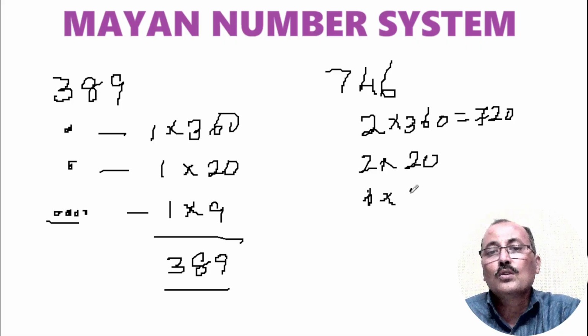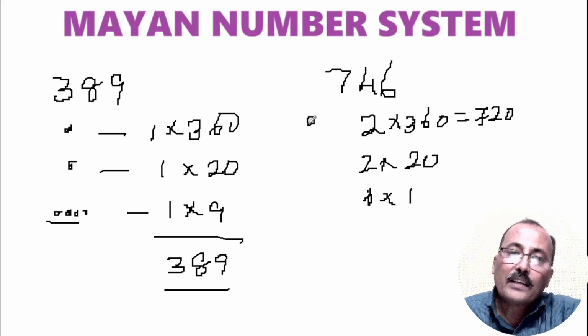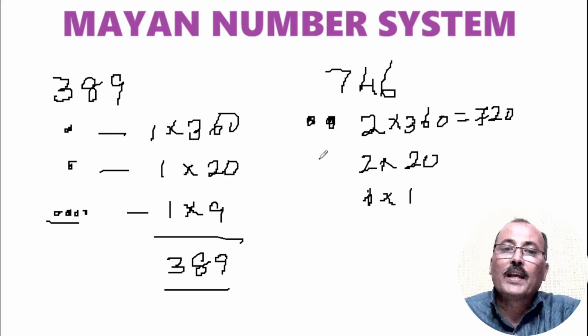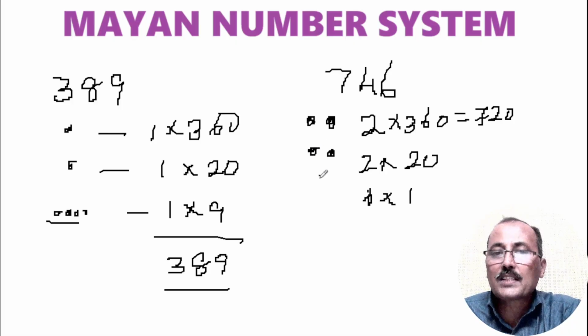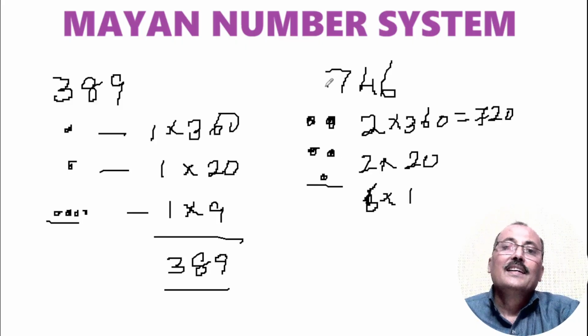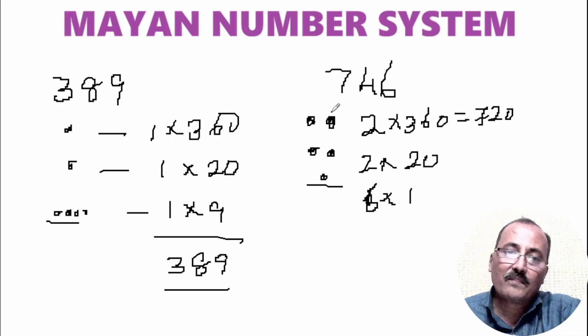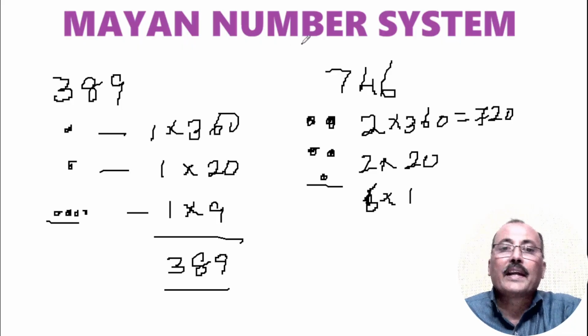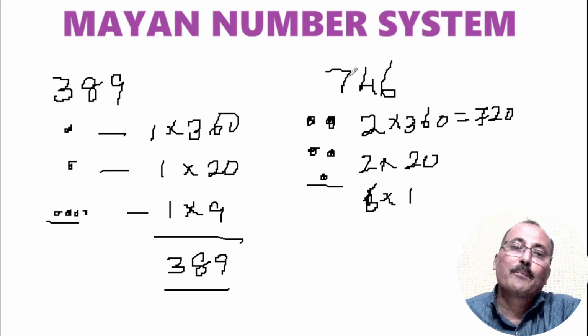So outright, it is 2 in the 360's place, 1 in the 20's place, and 6 in the one's place. That's all. This is the number system of the Mayans.